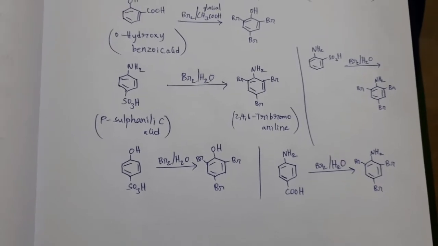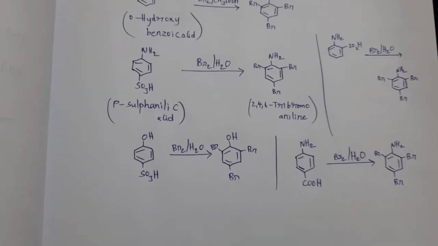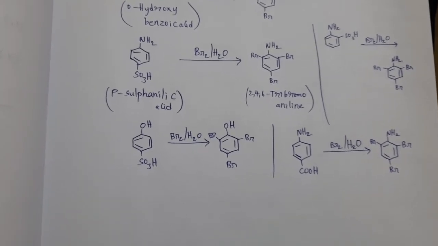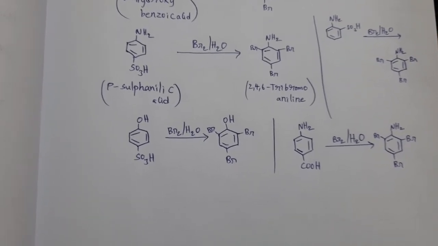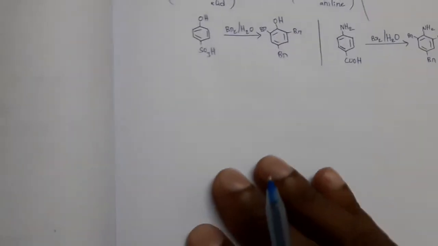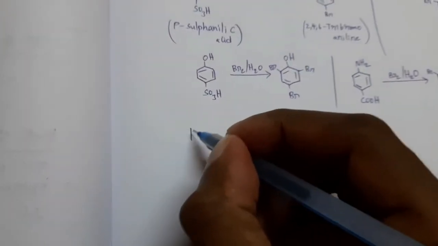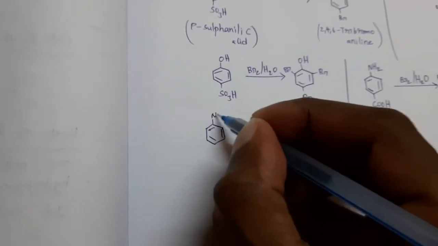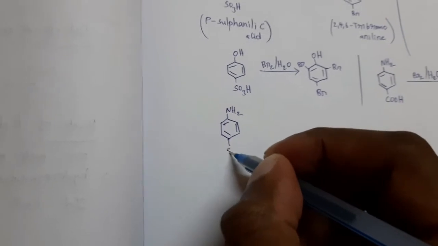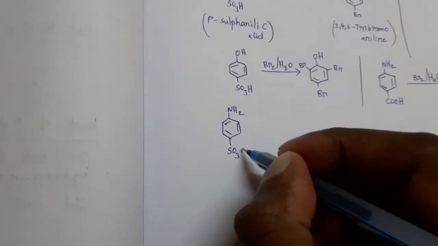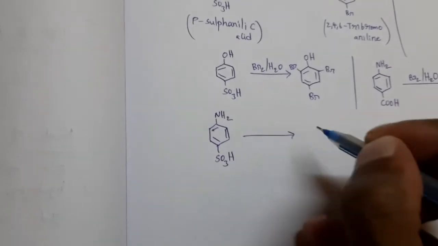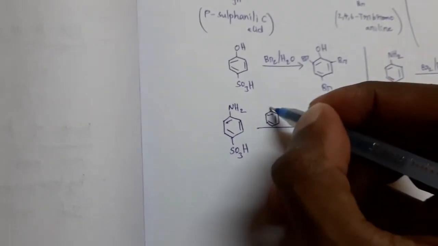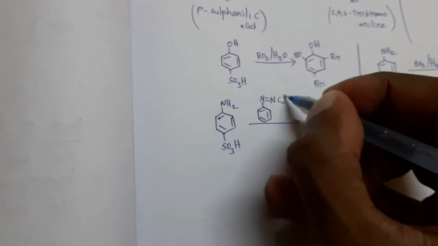Now this phenol having SO3H and aniline having COOH is treated with benzene diazonium chloride. Then what is the product? See here. Aniline having SO3H is treated with benzene diazonium chloride, C6H5N2Cl.